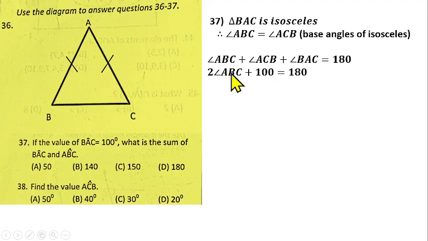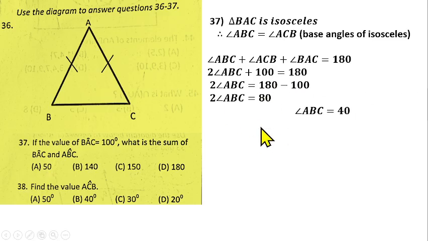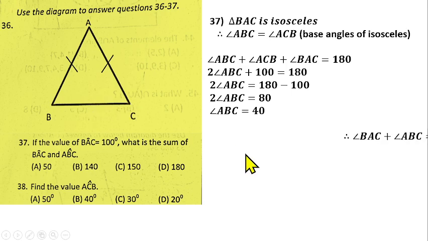That will give us 2 ABC plus 100, which is BAC, equals 180. So 2 ABC equals 180 minus 100, which is 80. Then divide by 2, that gives us angle 40 degrees. So angle ABC is 40, and angle ACB is also going to be 40.